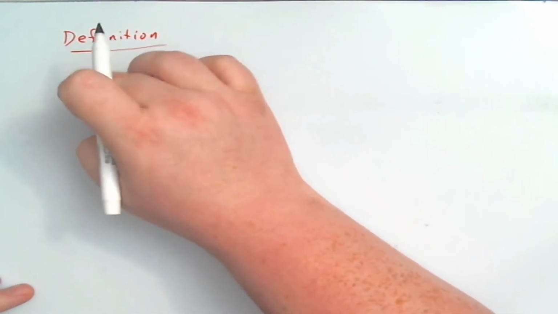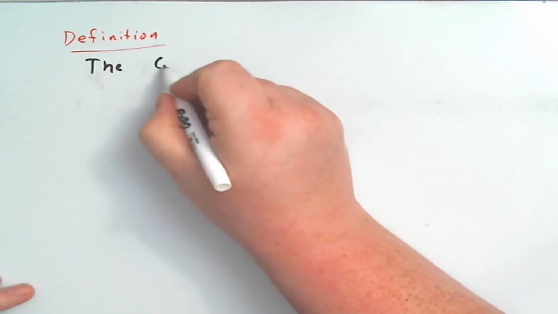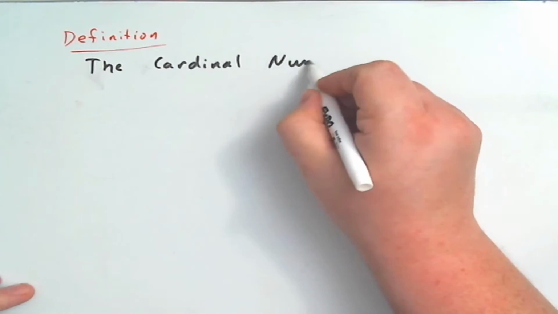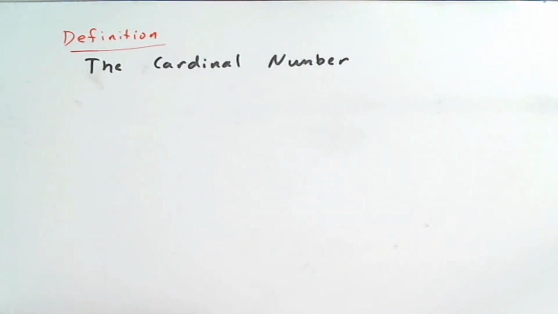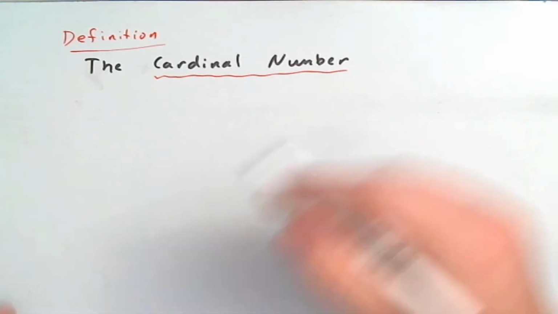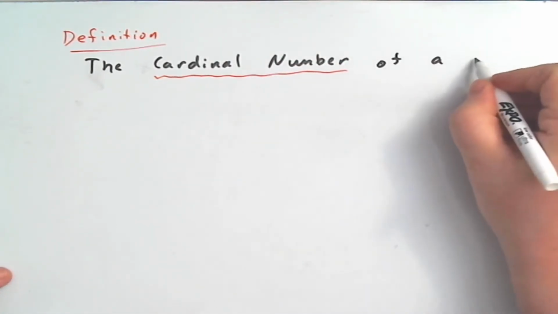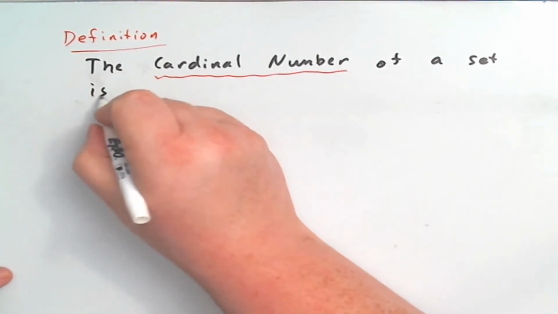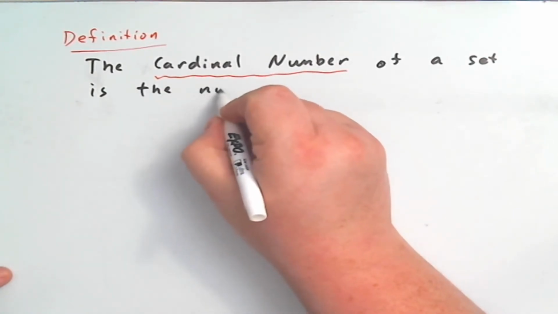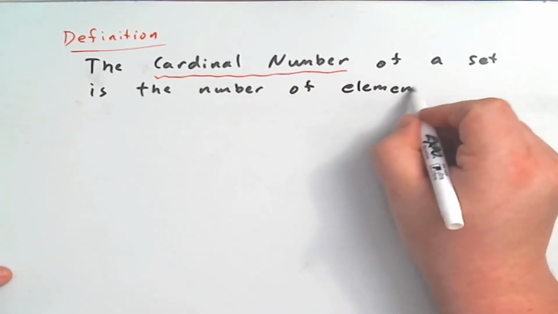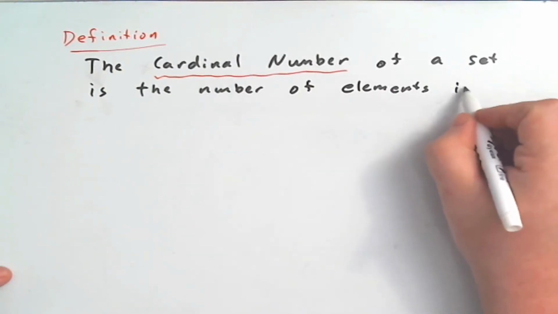Okay, and so we define the cardinal number, okay, again, this is what we're defining here, this cardinal number, okay, of a set is the number of elements in the set.